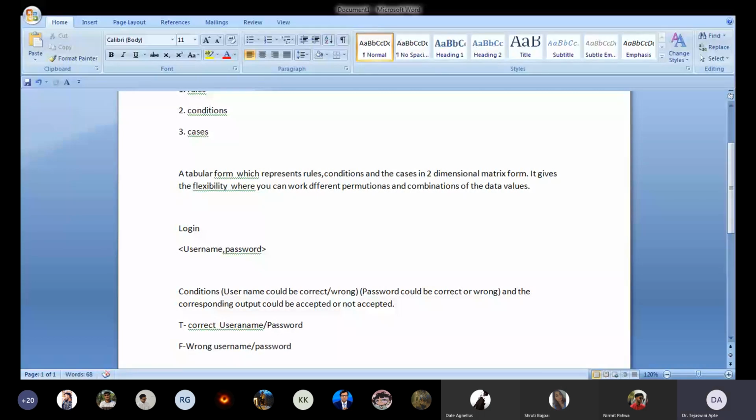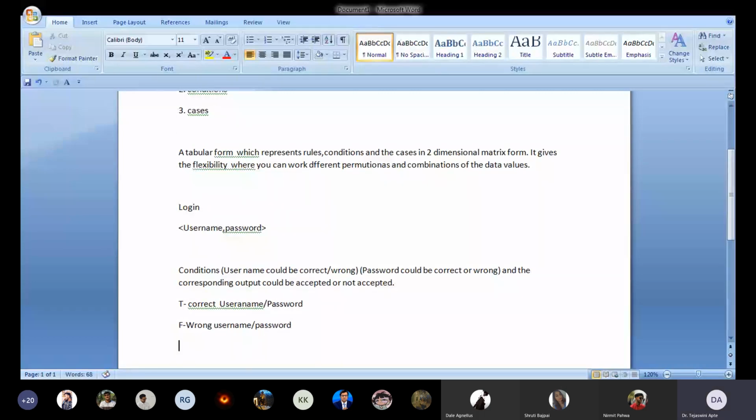In the earlier case of boundary value analysis and robust case testing, we only considered that the username and password lengths must be a certain size. But we never covered what if the username and the password are wrong. This is one more case.